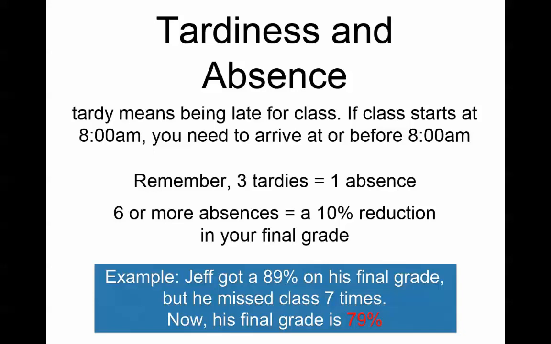So again, this is very important, to be on time and come to class each day. Let's say, for example, if you had 3 tardies, that means 3 lates, that would be 1 absence. Again, I'll give you some examples in class. In your syllabus there are some examples as well, but the main thing to remember is it's important to be on time and to come to class each day.